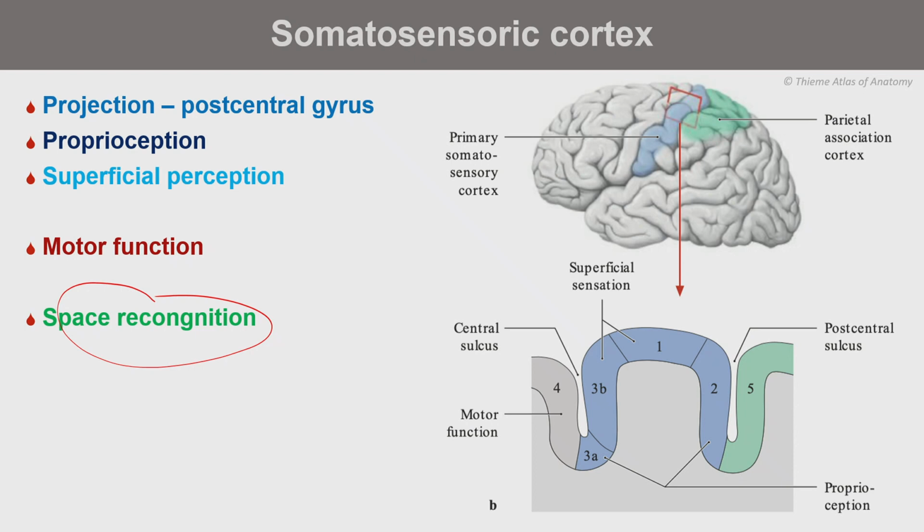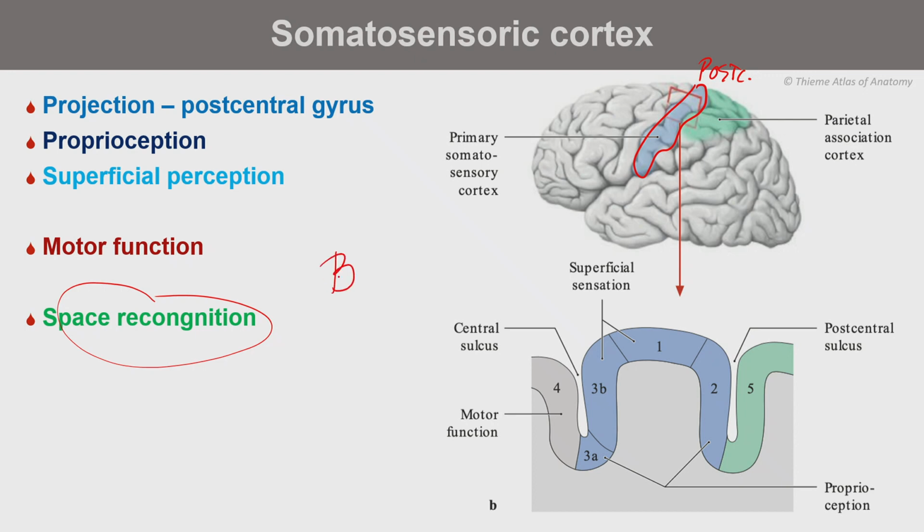So this is the postcentral gyrus, and probably you know that we have territories under the classification of Brodmann areas.